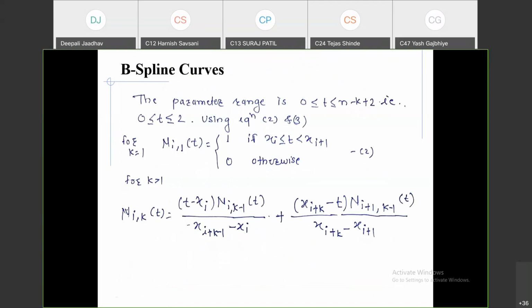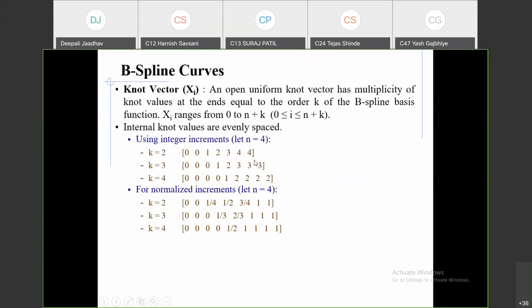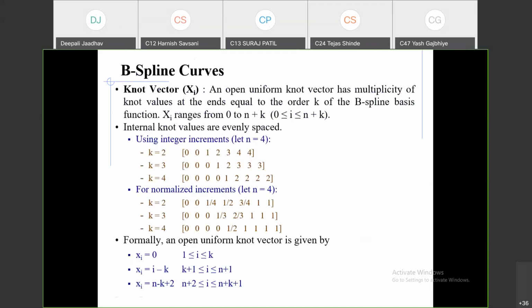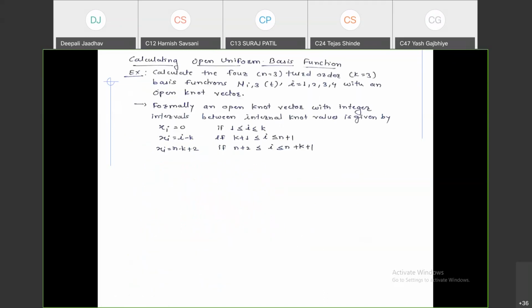So the parameter range is t greater than or equal to 0, less than or equal to n minus k plus 2, which means it is from 0 to 2 in our example. In the given example, what example is given here? This example is given here: n is equal to 3, k is equal to 3.